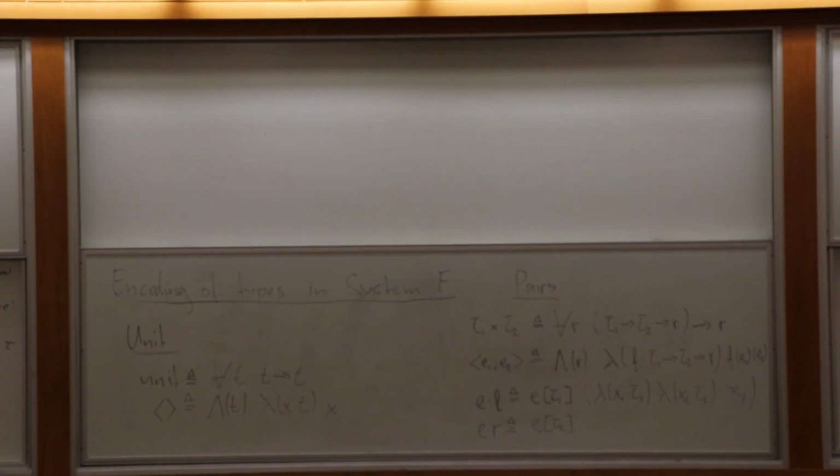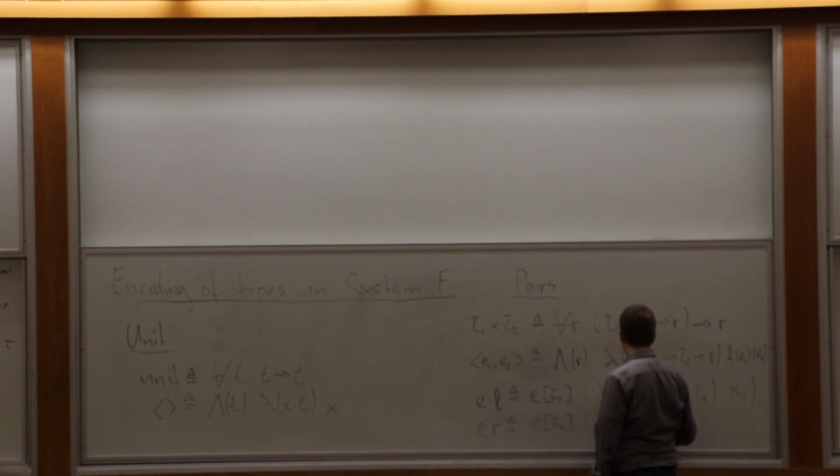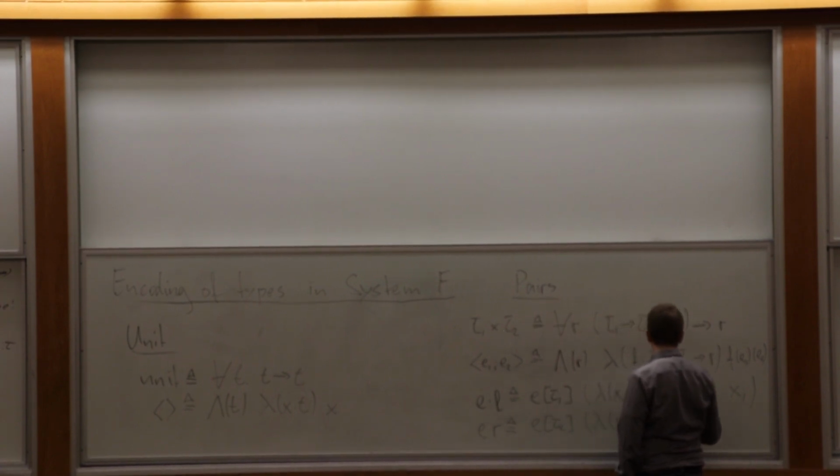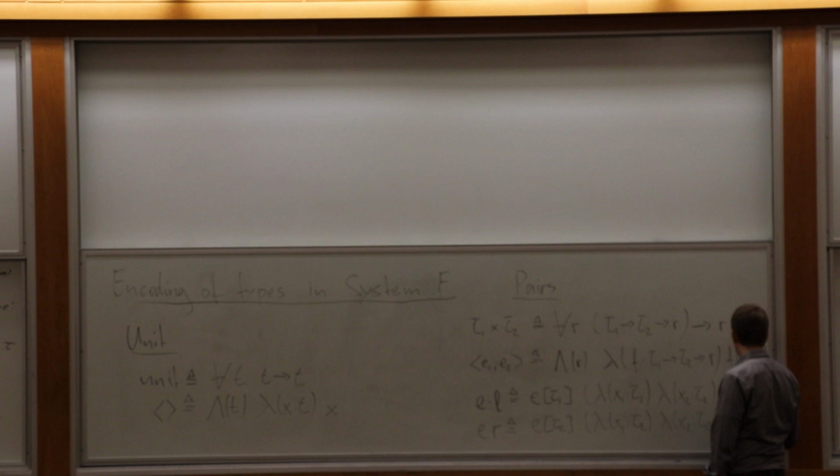Yeah, basically the same function, except it returns x2 instead of x1. Exactly. And so we give it the same function, but just return the x2, which magically has the right type now.